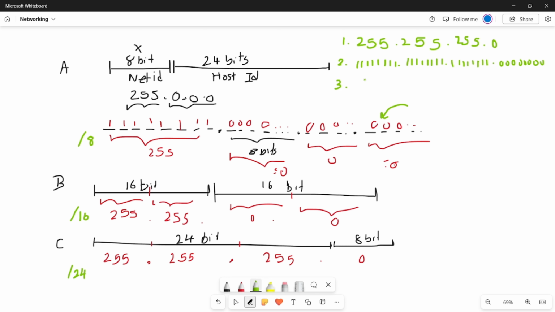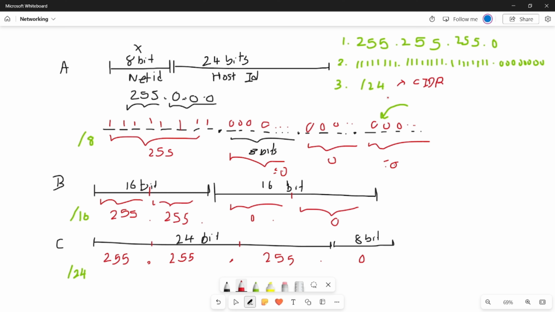This means the bit count. So we also call this CIDR, which stands for classless inter-domain routing. So this notation is called CIDR notation as well.